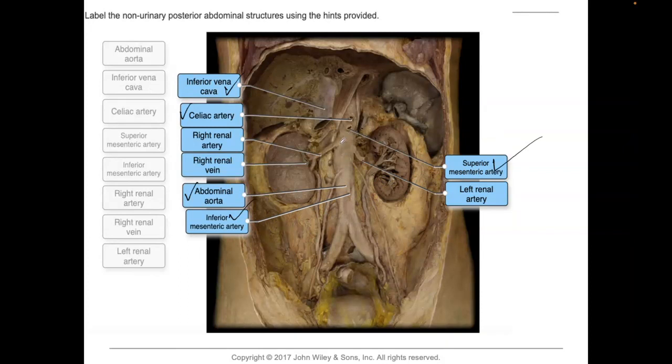Coming off the abdominal aorta, going into both kidneys, we can see the renal arteries. And then we could see a section of the renal vein. And we could see the left renal artery as well, coming off the abdominal aorta.